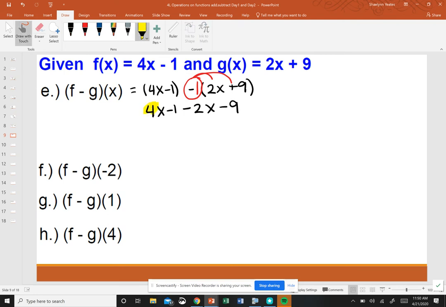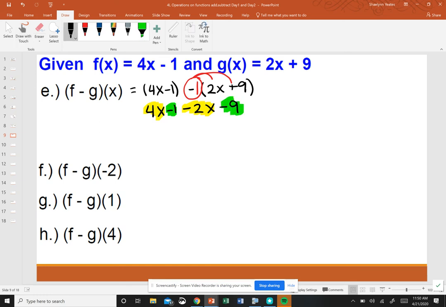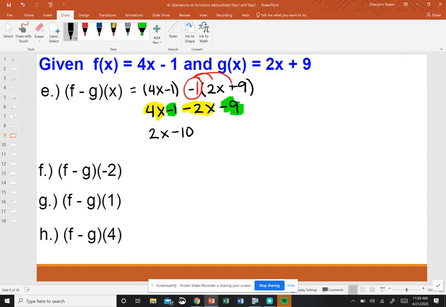So now we can combine the 4x and the negative 2x, and then the negative 1 and the negative 9. So 4x minus 2x is just 2x. Negative 1 minus 9 is negative 10. And if you want to know that, you can use a calculator. Sorry, negative 1 minus 9, we get negative 10.